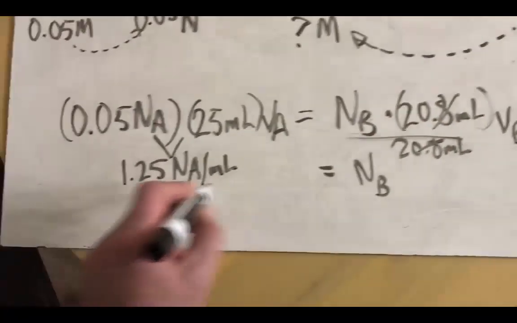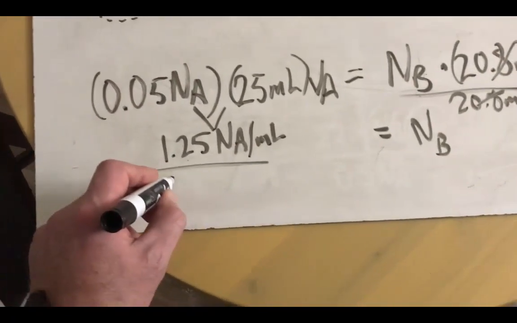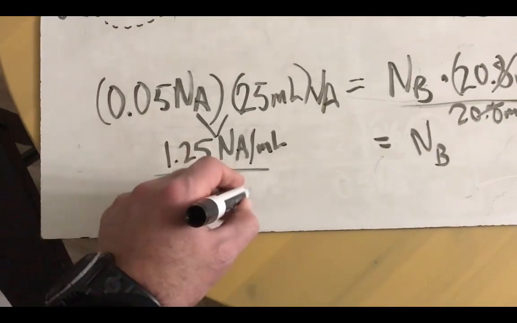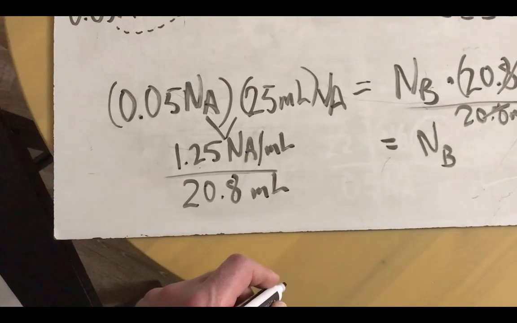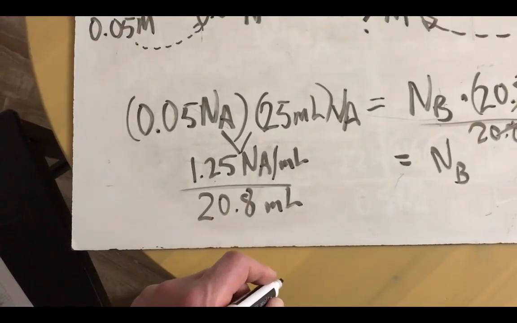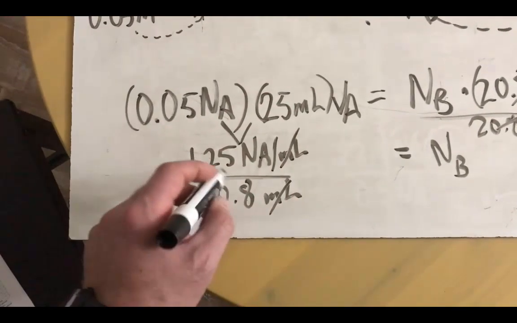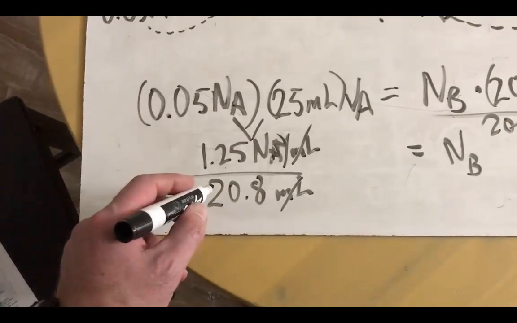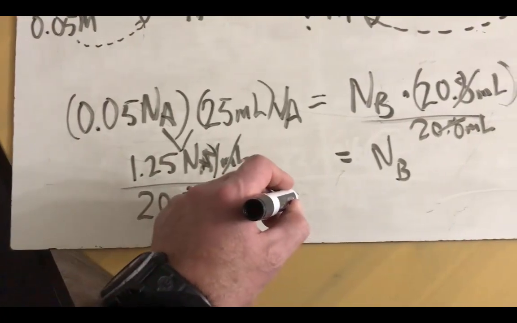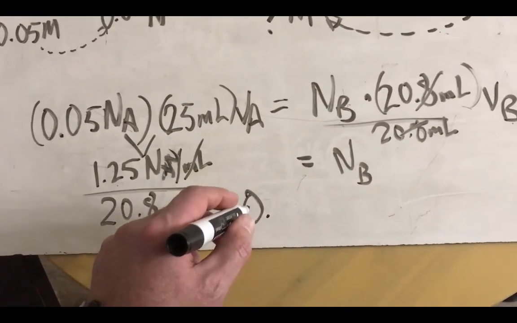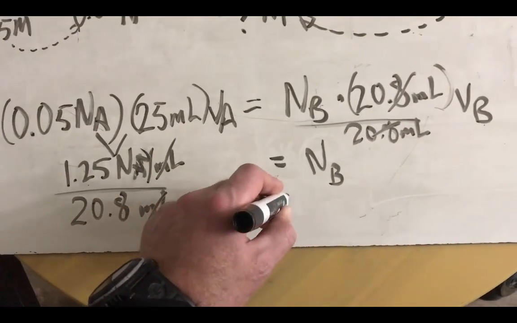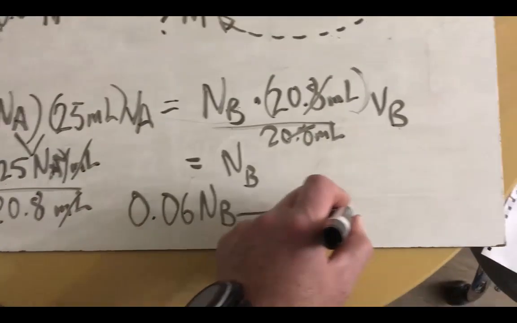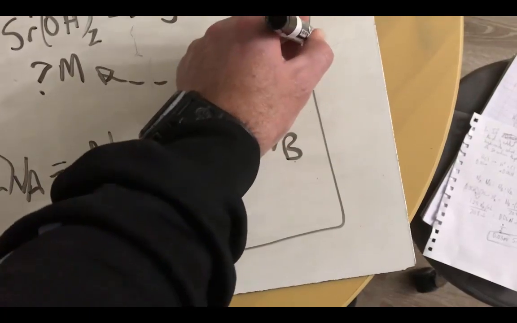What I do to one side, I do to the other. 20.8 milliliters. Okay, milliliters are going to cancel. And this is really just normality, but dividing, we get 0.06 normal for the base. So that is this number, okay?